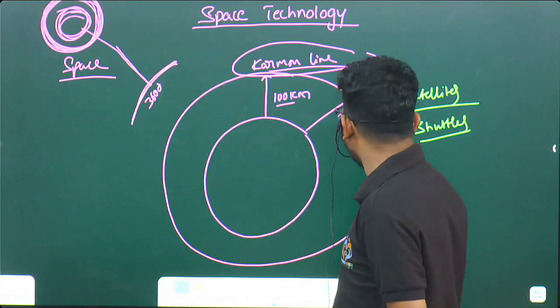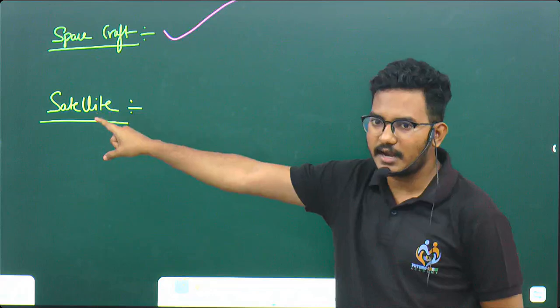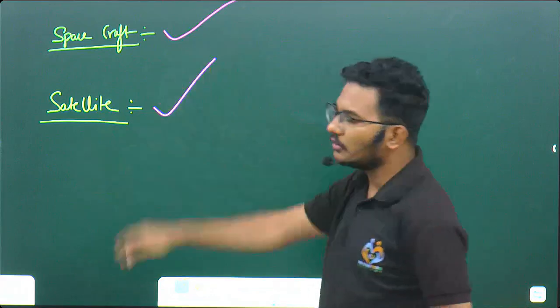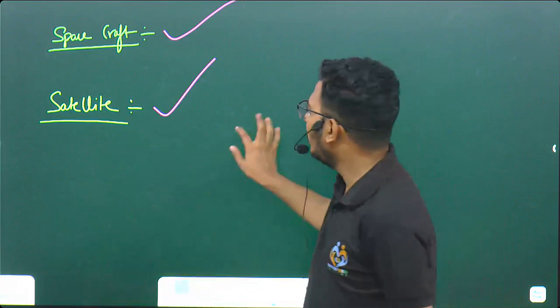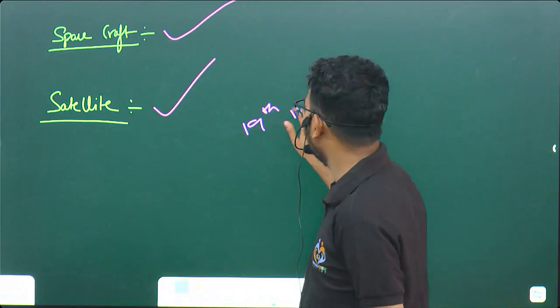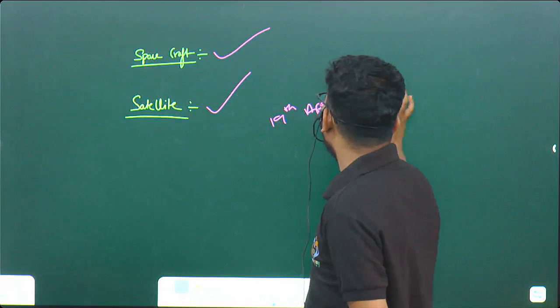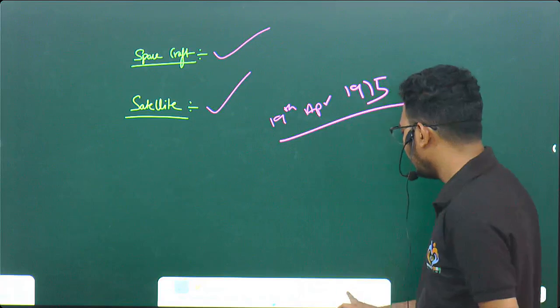If you are sending anything into space, it is called a spacecraft. Examples are satellites and shuttles. Then I told you satellites are associated with orbits. And on 19th April 1975, Aryabhatta, the first Indian satellite.